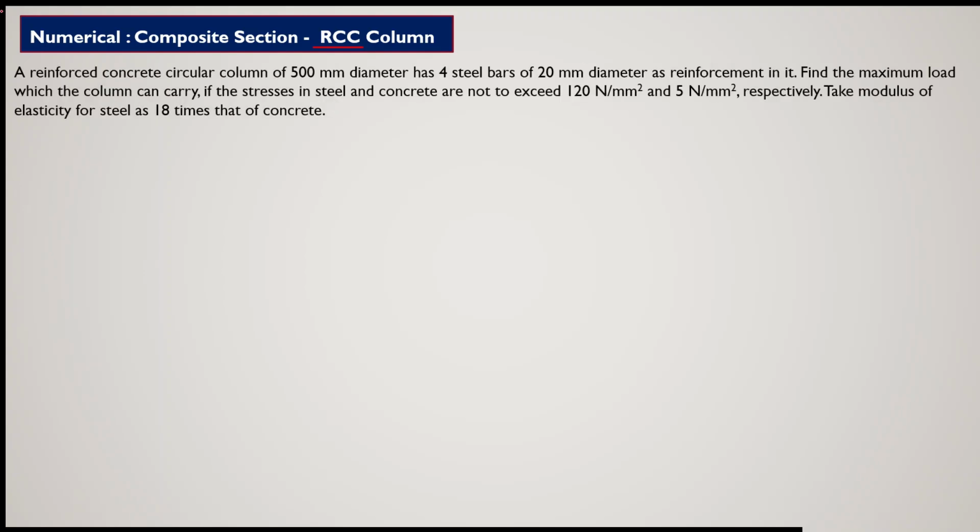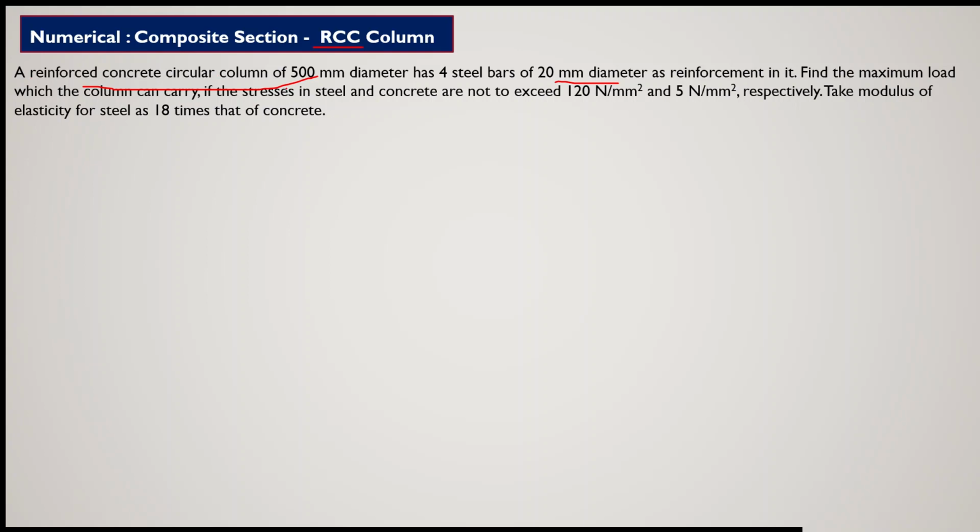So how the methodology which we learned in the previous lecture is applicable in actual civil engineering structures or problems. Let us consider a reinforced concrete circular column of 500 millimeter diameter, having 4 steel bars of 20 mm diameter embedded in it as reinforcement.